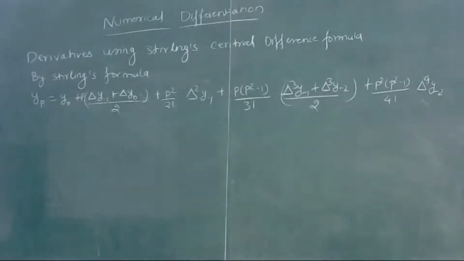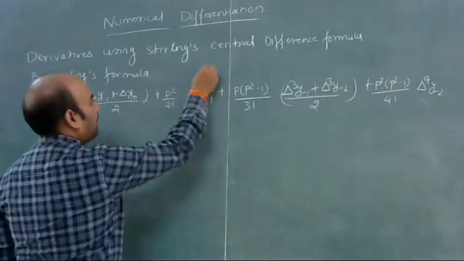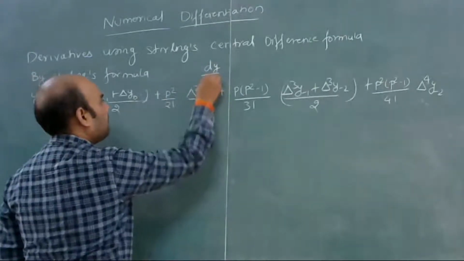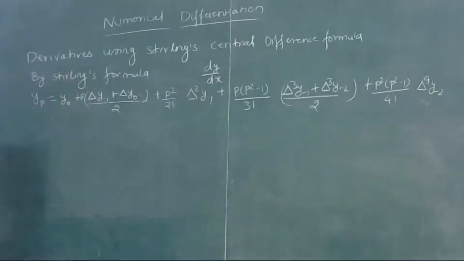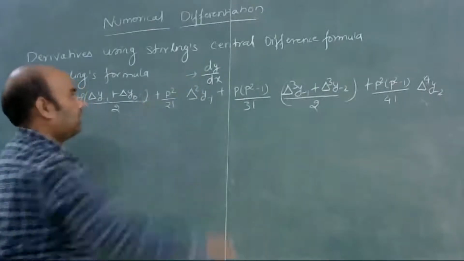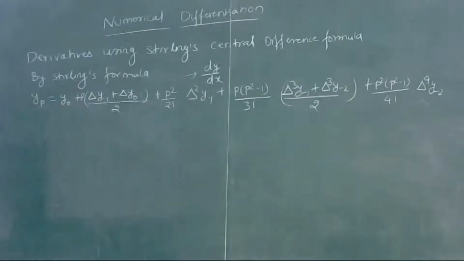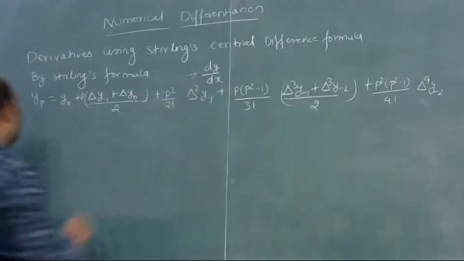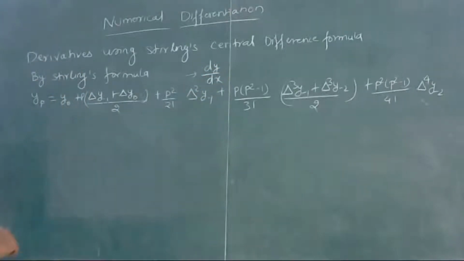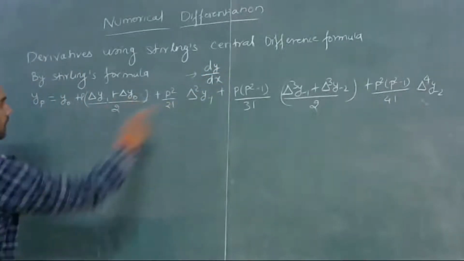Okay. So what we need to find is dy by dx. So numerical differentiation of any given function and higher order derivatives. So we will differentiate this equation with respect to p. So here the variable is p.